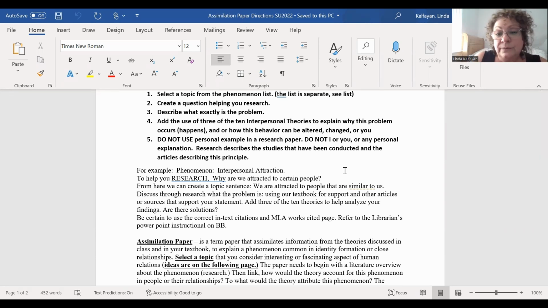And again, when you research through Google, it's not the best way. You're wasting time. You're going to get 300 different articles. My suggestion is that you use the college's database, and it breaks things down by how you word things so that you can have less material to work with.